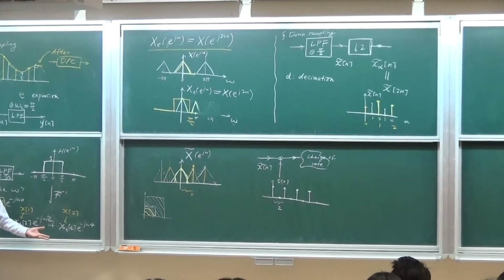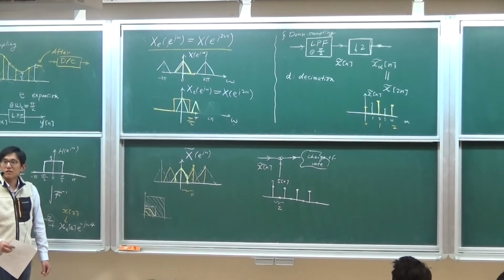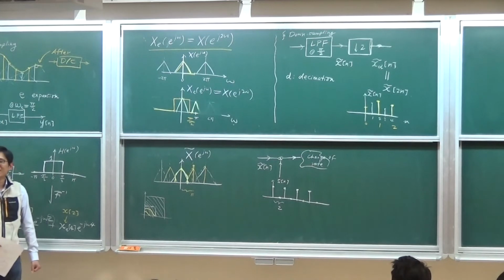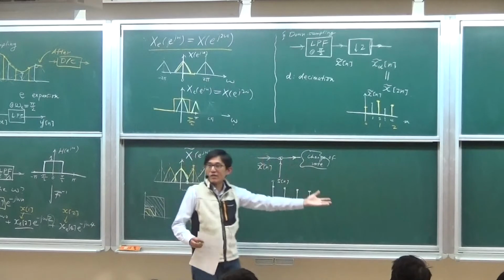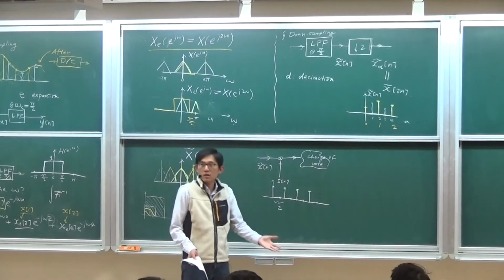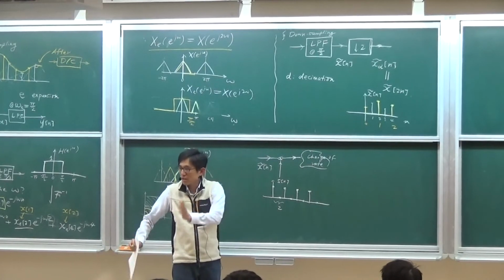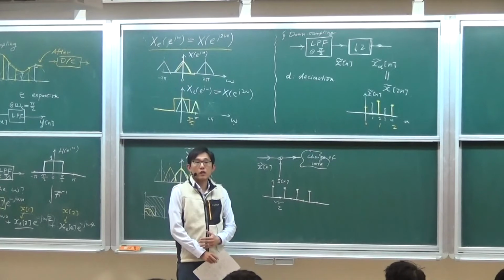Therefore, when we have no control, let's get the control. That's exactly what is meant here. You cannot guarantee that your input signal has nothing beyond pi over 2, but what should we do? We should just get rid of anything beyond pi over 2 first, before we do the downsampling.